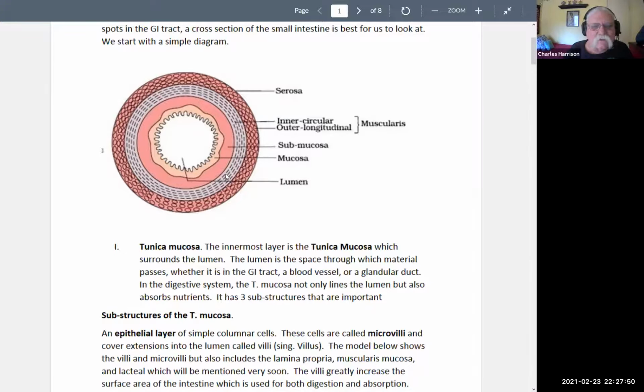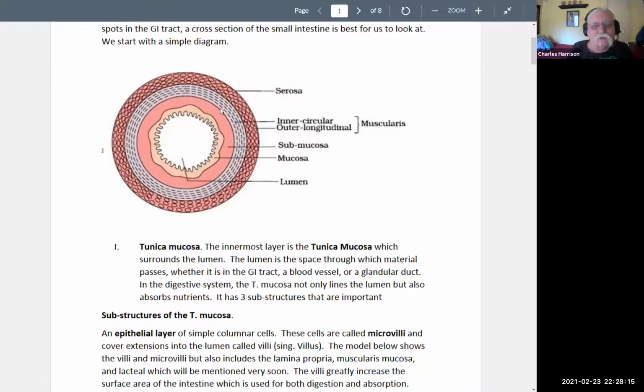Okay, here are the four layers then, one last time. Tunica mucosa, tunica submucosa, tunica muscularis, and the fourth one is a small, thin, but tough covering around the entire GI tract.